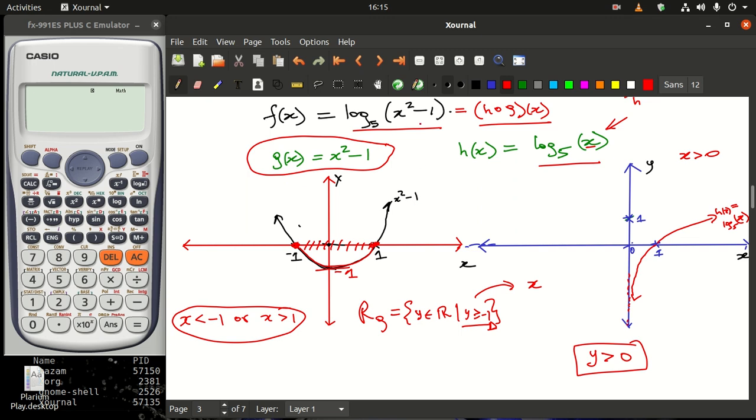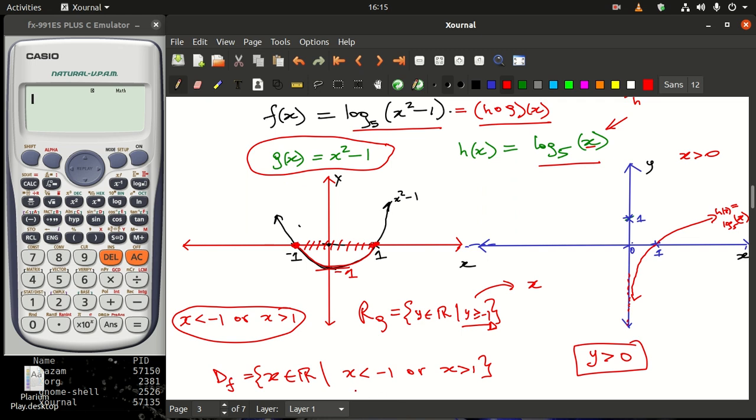So the domain of this function is going to be, the domain of f is x an element of real numbers such that x is less than minus 1 or x is greater than 1.